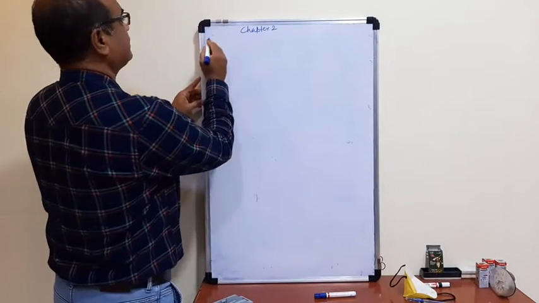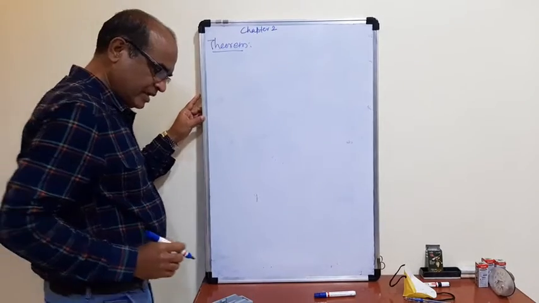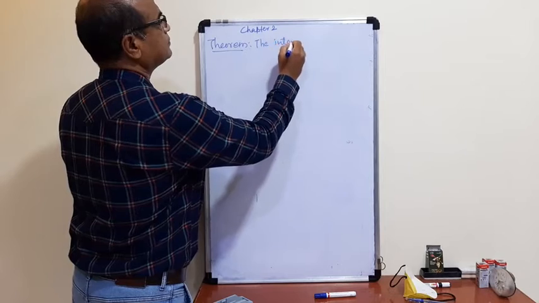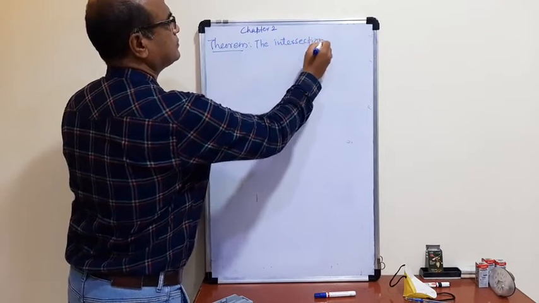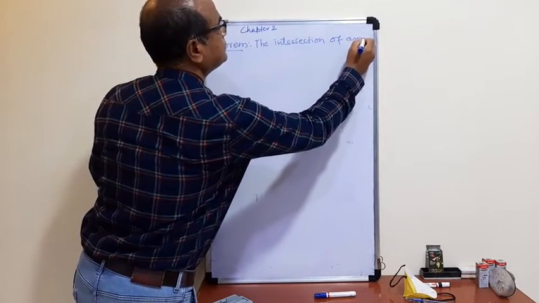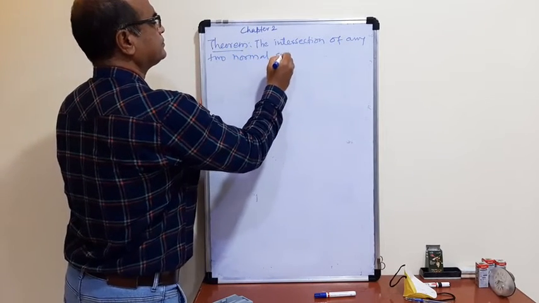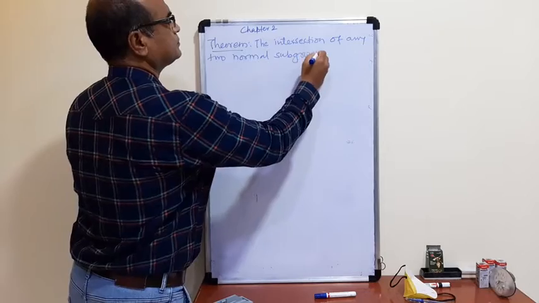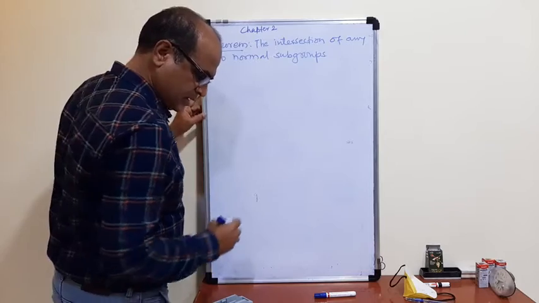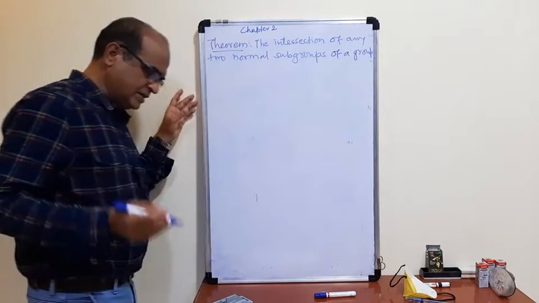So what is the theorem? Theorem: the intersection of any two normal subgroups of a group is also a normal subgroup.